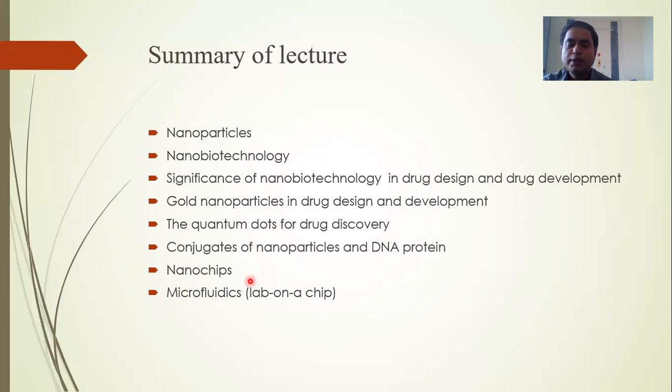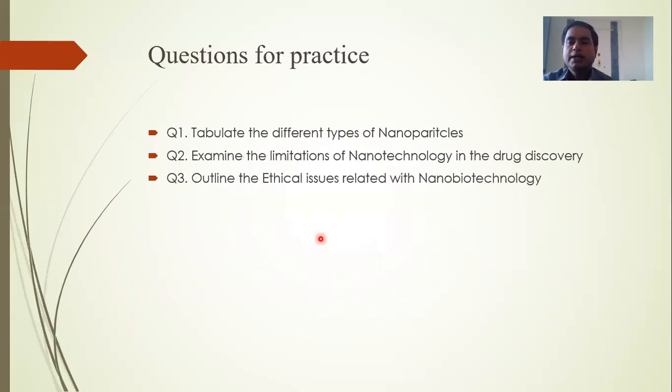You can also make a lab on chip. You can also make an organ on chip for the rapid analysis and screening of compound toxicity as well as drug toxicity using a suitable assay. So this is the conclusion of today's lecture.